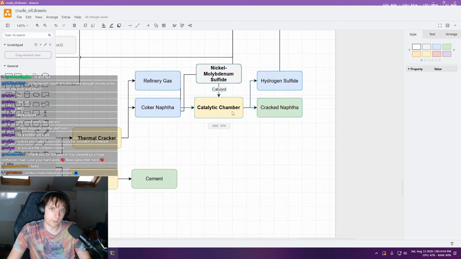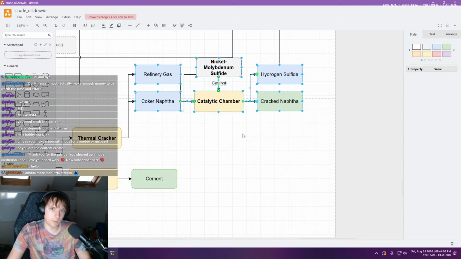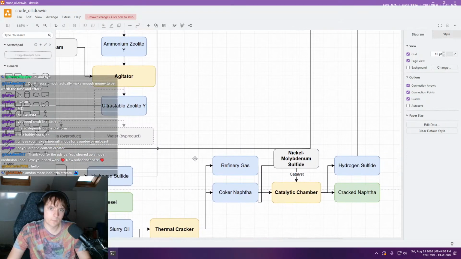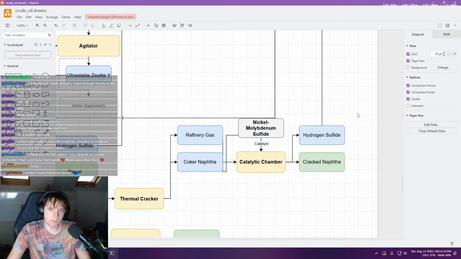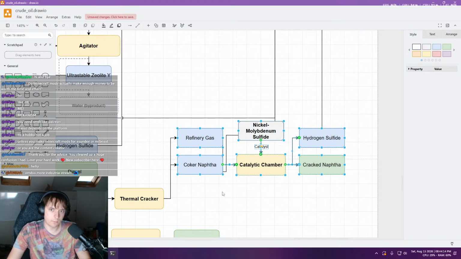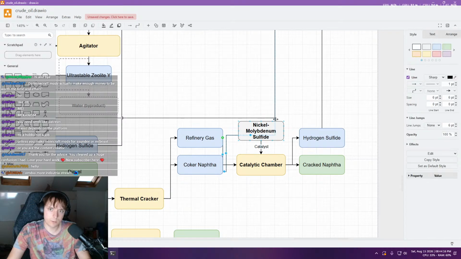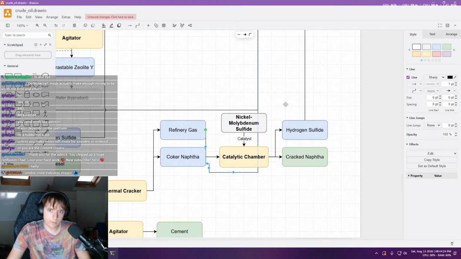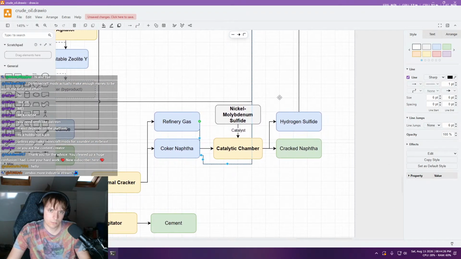Let's just plonk them up here. Oof, that's really against the attack. Where are you? Or there. Where are you meant to be? Where are you going? Coker naphtha.